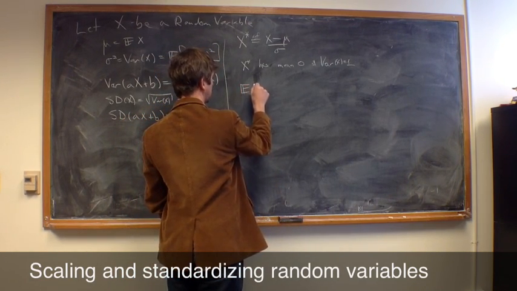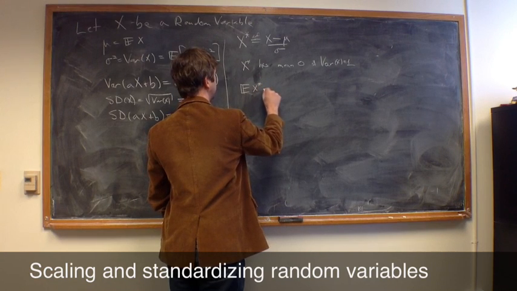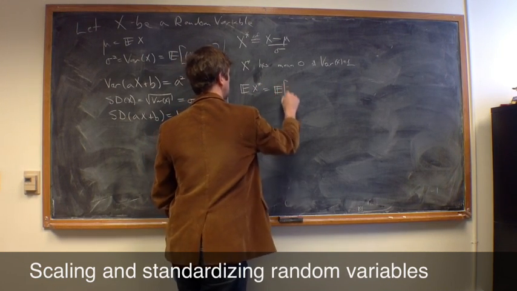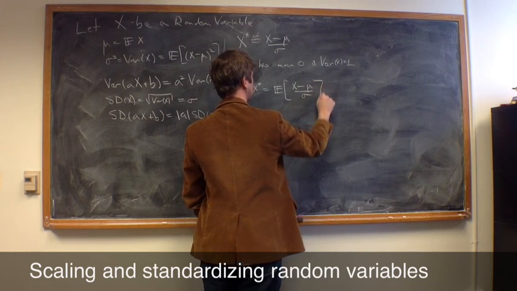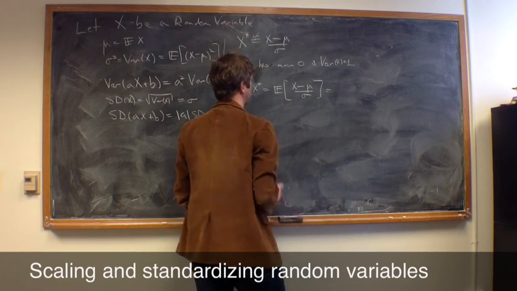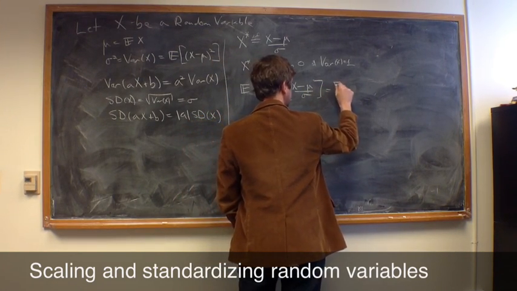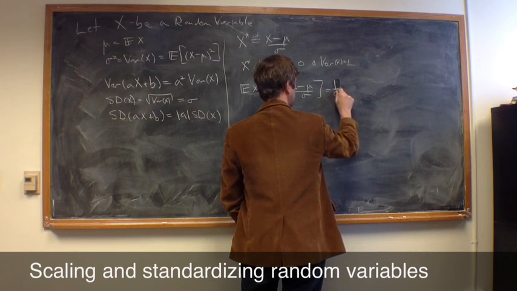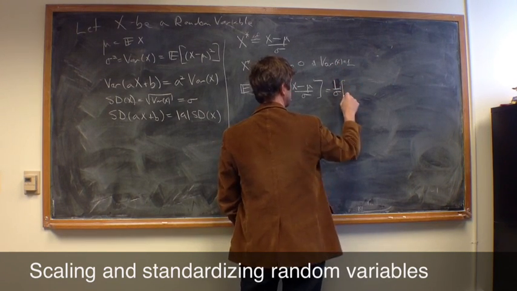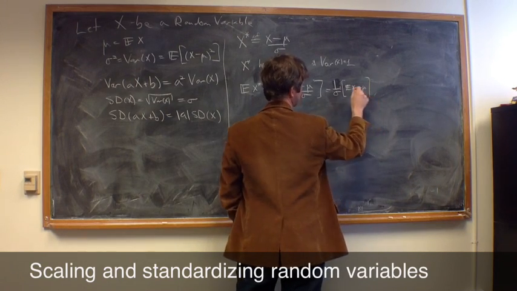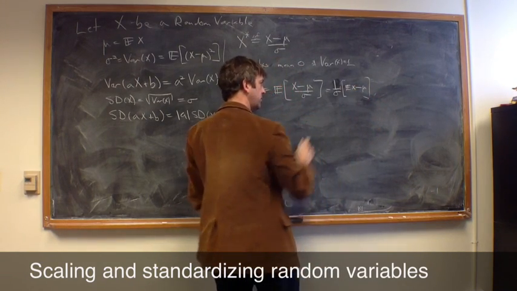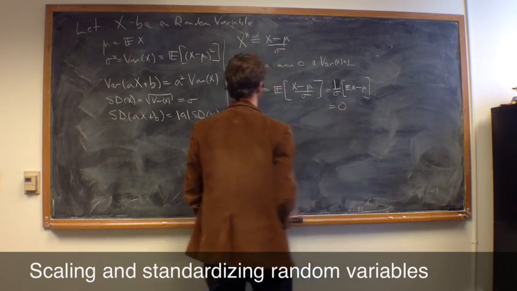So the expectation of x star is just the expectation of x minus mu over sigma, which is equal to 1 over sigma times the expectation of x minus mu. The expectation of x is just mu, so this whole thing is equal to 0.